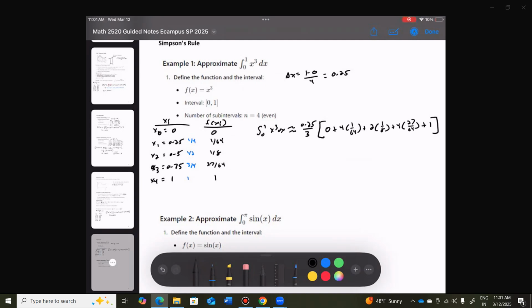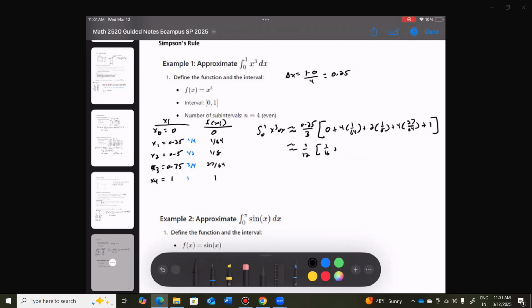Okay, let me get this simplified some. So this is 1/4, so this would be 1/12. And then divide both of these by 4, you'll get 1/16 plus, I'm going to put this all in terms of 16 to make this easier.